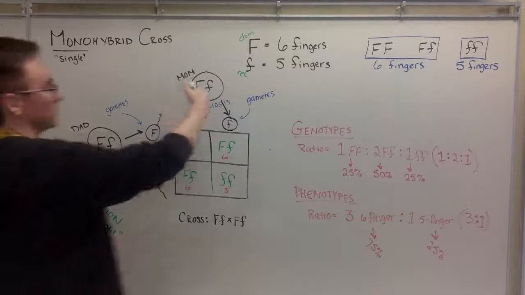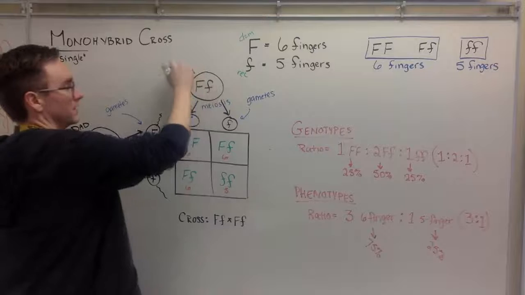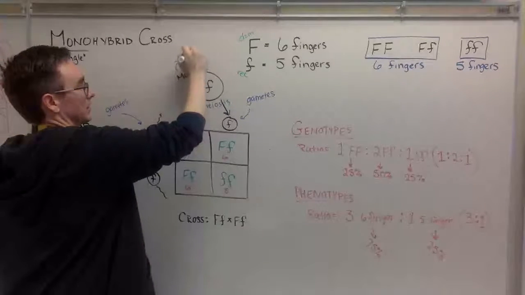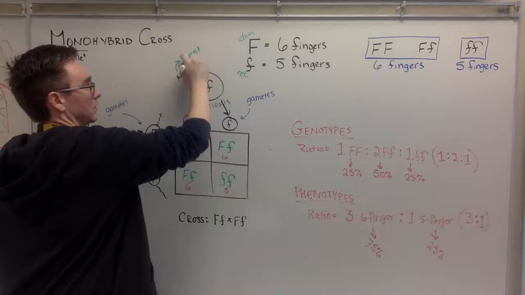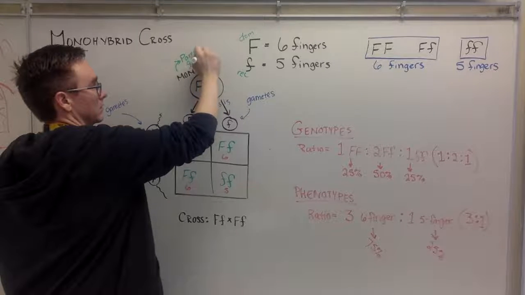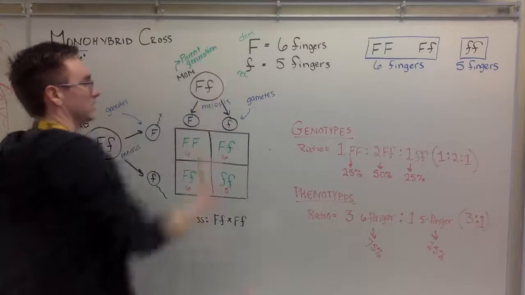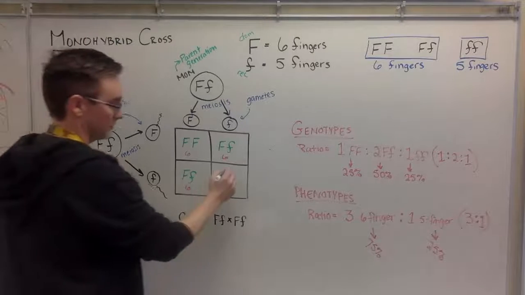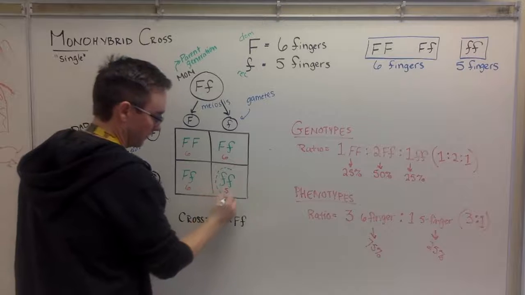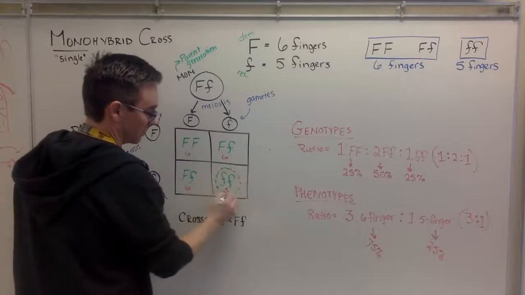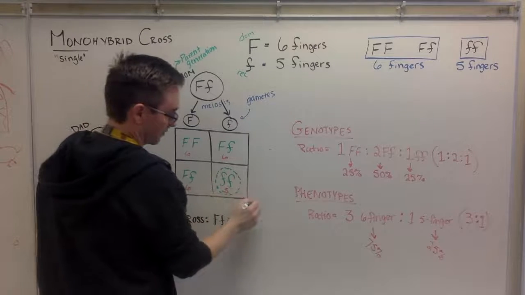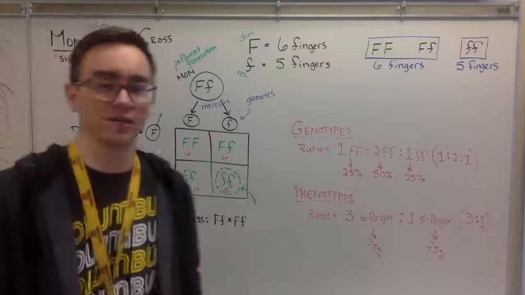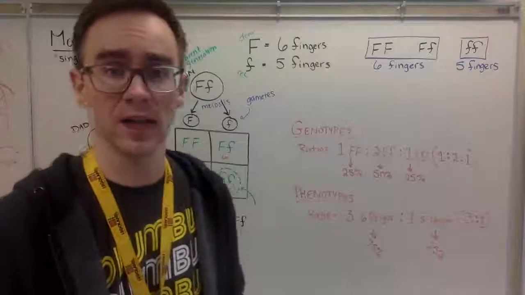Now, this generation right here, mom and dad, we call the parent generation, because these are the ones we started with. And then when we get down here, the possible kids, we call this the filial generation. Filial just means offspring in Latin.